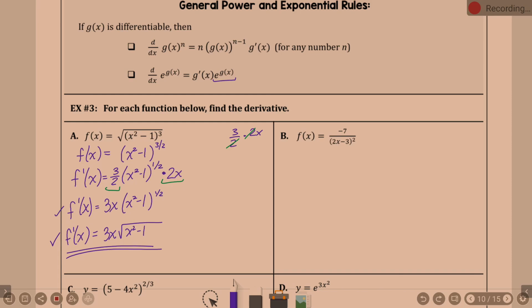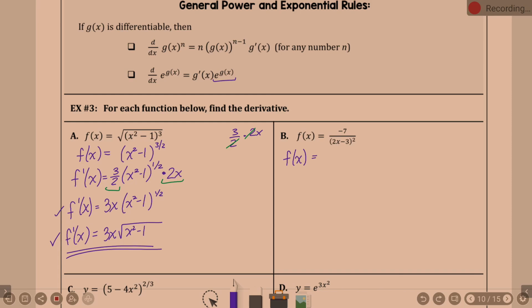Okay. B. You're going to say quotient rule? Nope. 2x minus 3 to the negative second. I'm not going to say quotient rule just because on top, negative 7 is just a constant, and so that makes it easy to work with.